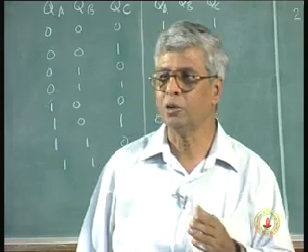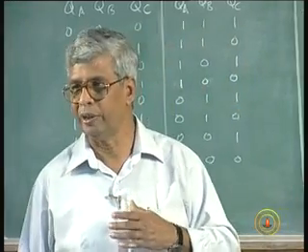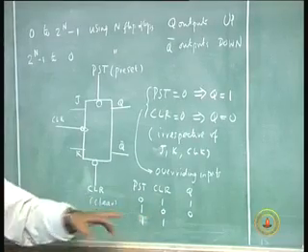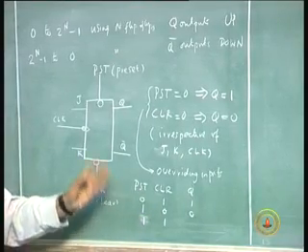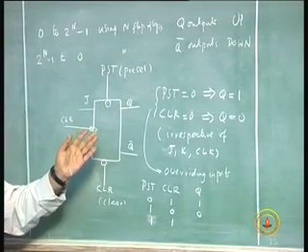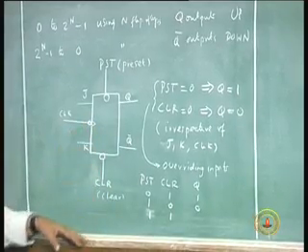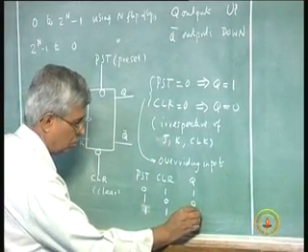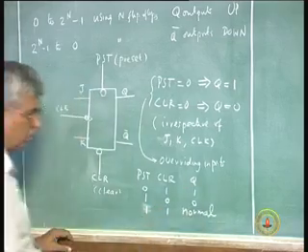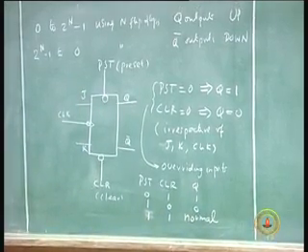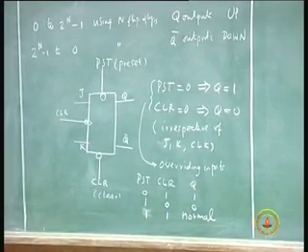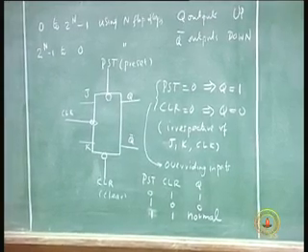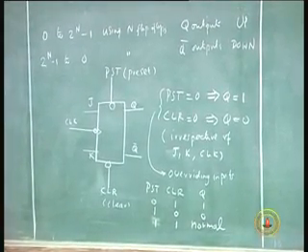At the clock cycle, whether it goes past high or low, all that will be determined. Only when preset and clear are both made 1, they will have no influence on the normal functioning of the flip flop. So, the flip flop acts normally, as defined by the inputs and the clock. When you say normal, the behavior depends on the values of the inputs j and k and the clock.